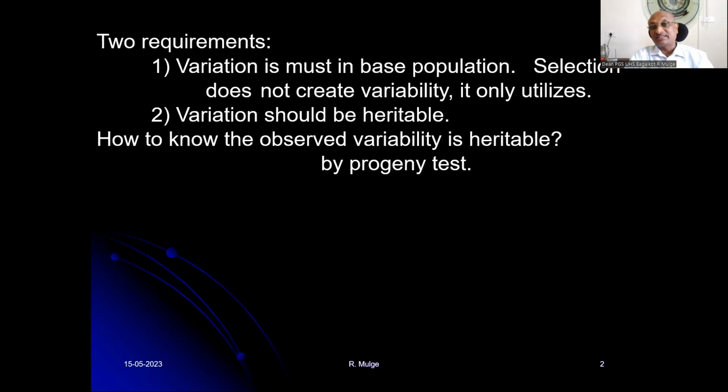But it is not because of its inherent capacity. So a progeny test is required, right? You collect the seeds from a particular plant and raise it in the next generation. If the progenies are doing well, then only the selection you have made in the previous season is meaningful. Otherwise, it's a waste, right? So for that, progeny testing is required.